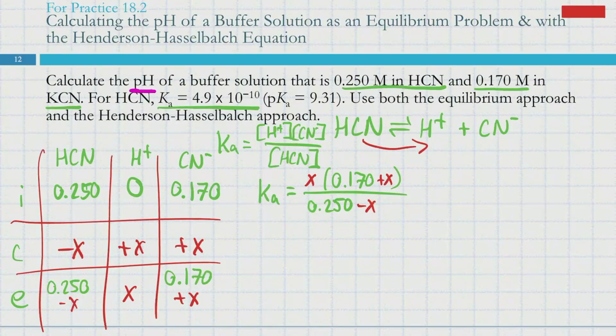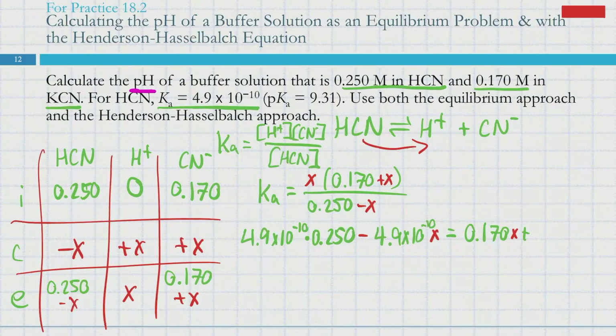So we're going to multiply both sides by our 0.250. We're going to get 4.9 times 10 to the minus 10 times 0.250 minus 4.9 times 10 to the minus 10 x equals 0.170 x plus x squared.